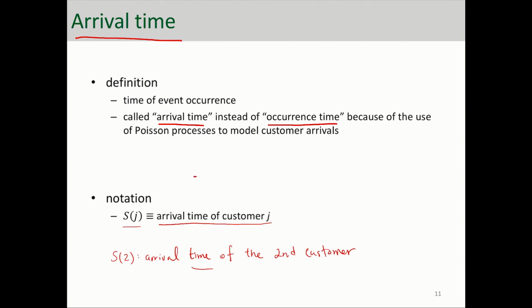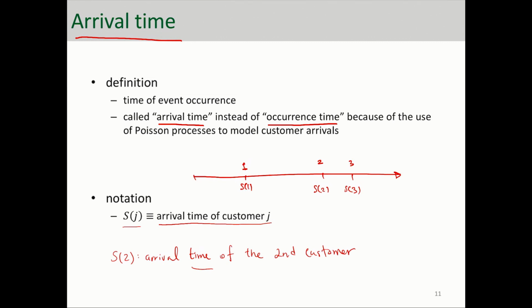So you're observing the arrival process, and at some point in time, the first customer arrives, that's S of 1, and then sometime later, S of 2, customer 3, S of 3, and each point in time, we're calling it S of J.